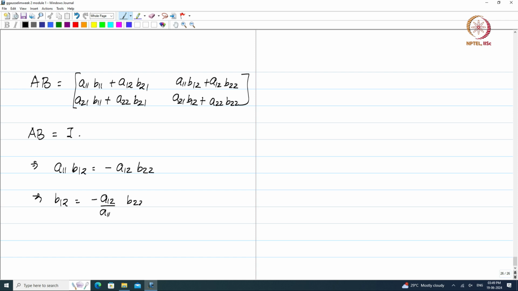From this we derive B12 is equal to minus A12 into B22 by A11. Similarly, B21 is equal to minus A21 into B11 by A22.